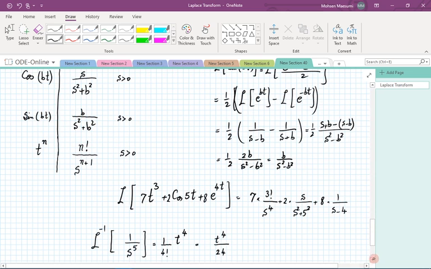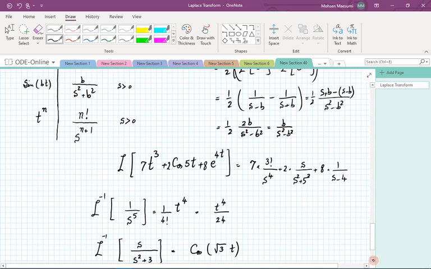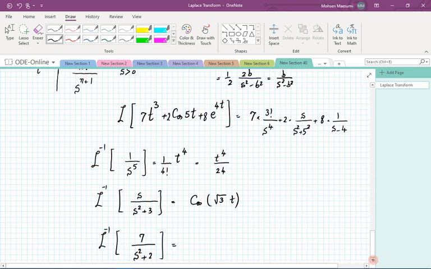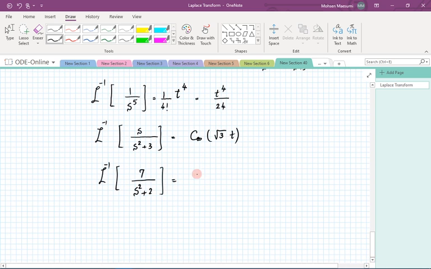So I need to fix my factors. This would have come from sine of square root of 2 times t. But square root of 2 would have led to the presence of a square root of 2 here, which we don't have. So we have to compensate by dividing by it. But instead I have a factor of 7. So I'll have need for a 7 here.